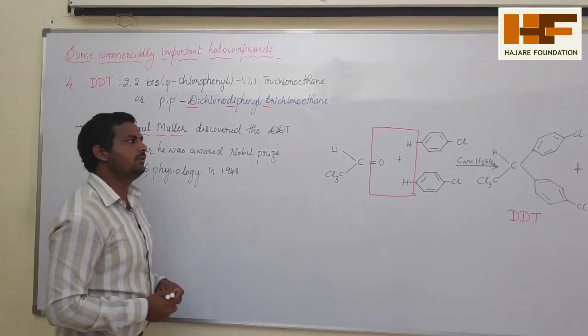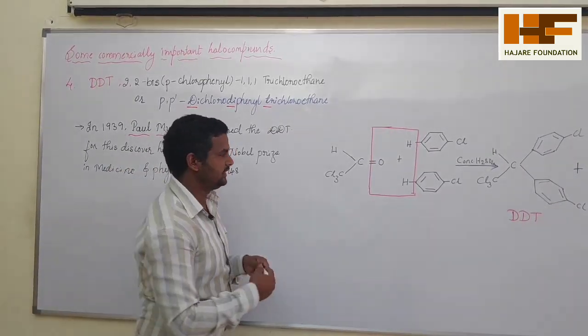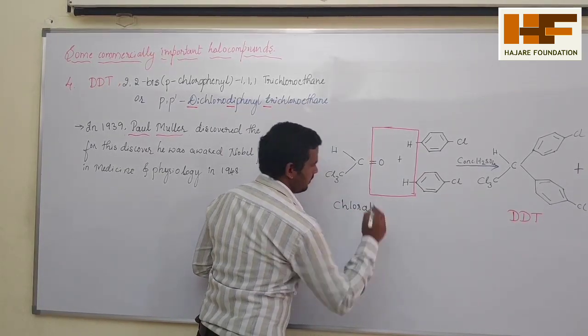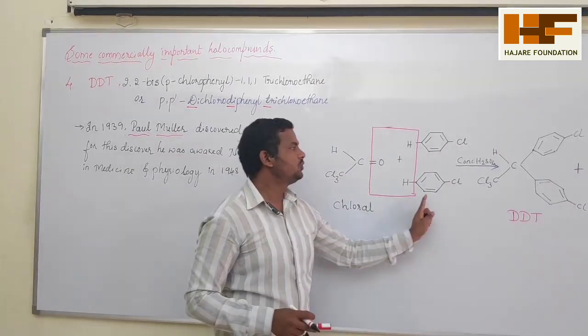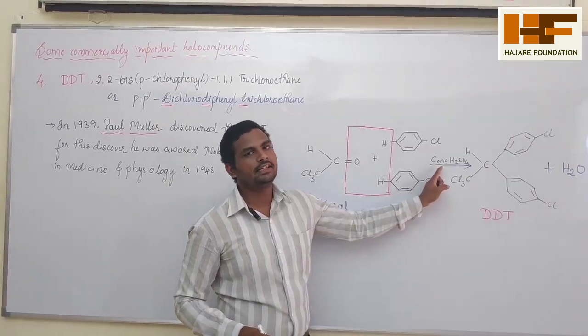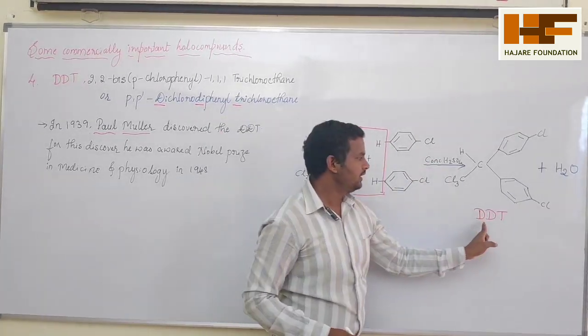This compound is prepared by taking 1 mole of chloral and treating it with 2 moles of chlorobenzene in the presence of concentrated H2SO4. After heating this mixture, we get DDT.